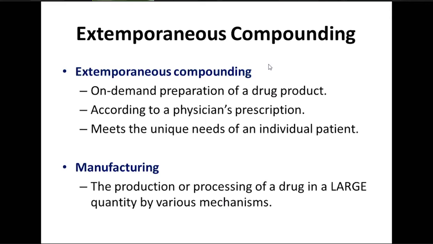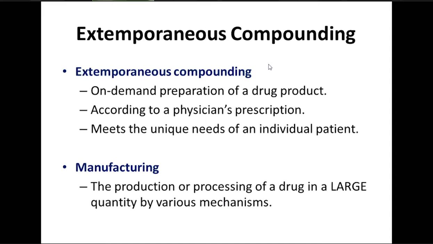Okay? So you find that in extemporaneous preparations, usually we prepare very small quantities of products. When we compare to manufacturing of drugs, that's where you are manufacturing a large quantity of drugs.